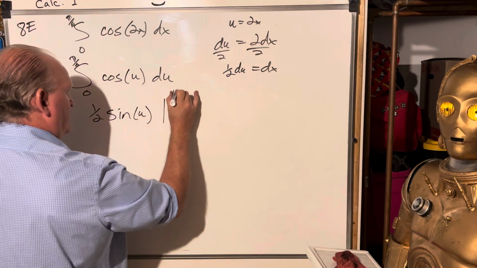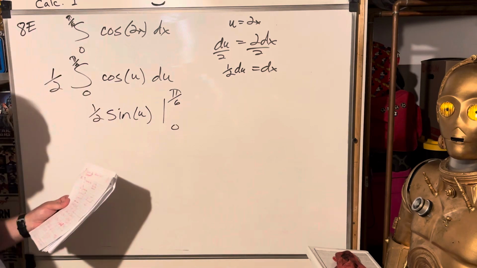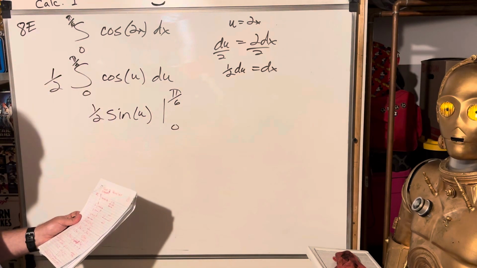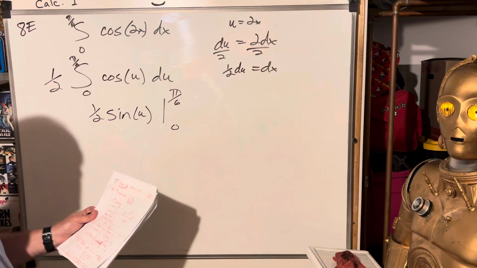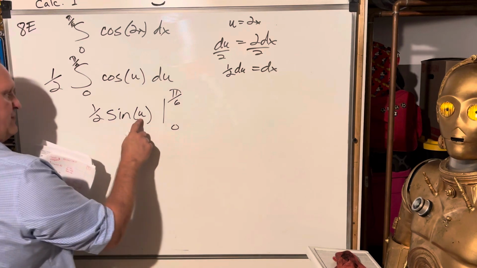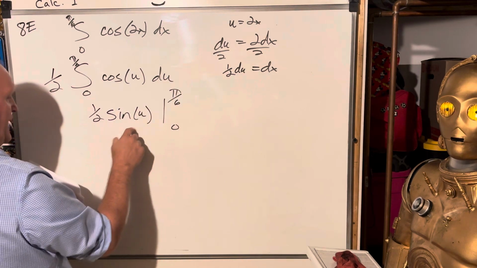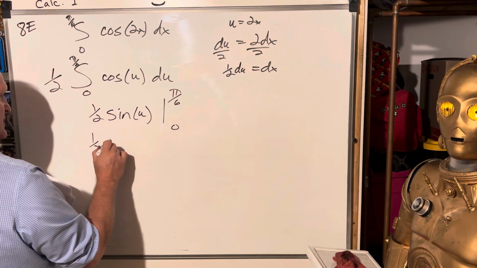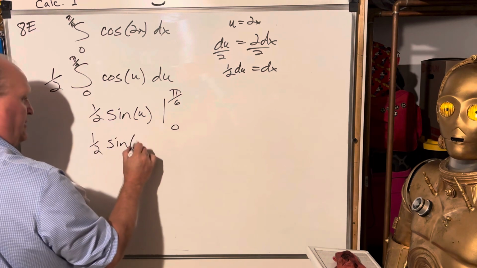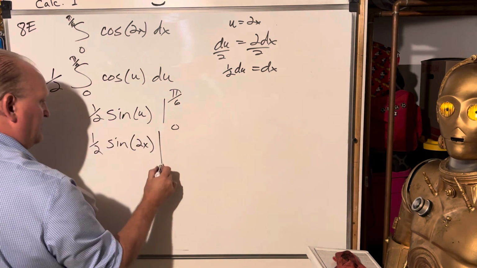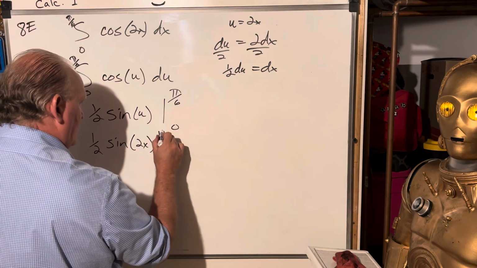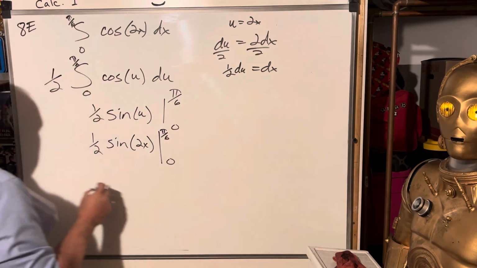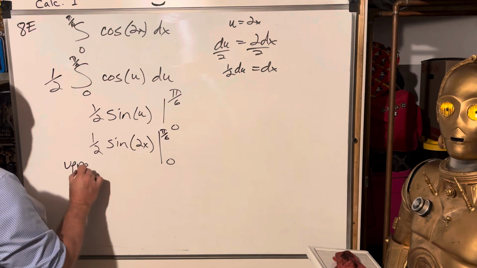I'm going from 0 to 30 degrees. All right. Don't forget to put the 2x back in there. That's kind of important because that's going to change what we're actually taking the sine of, right? Over 6. So it's upper minus lower.